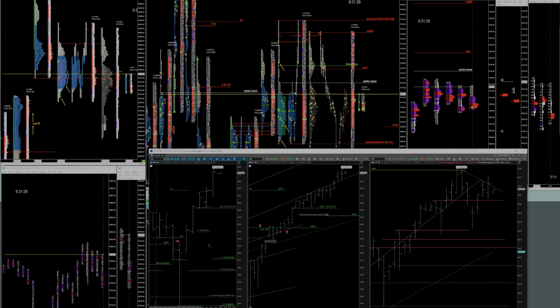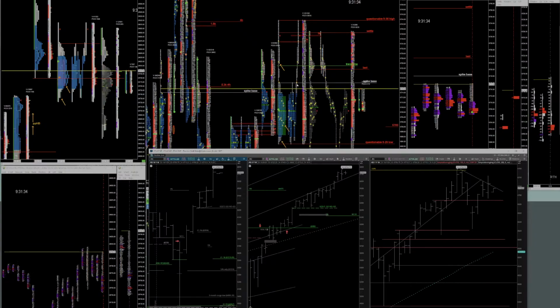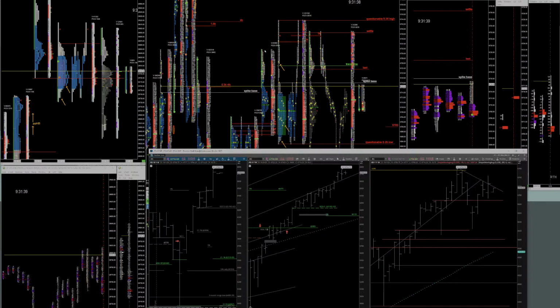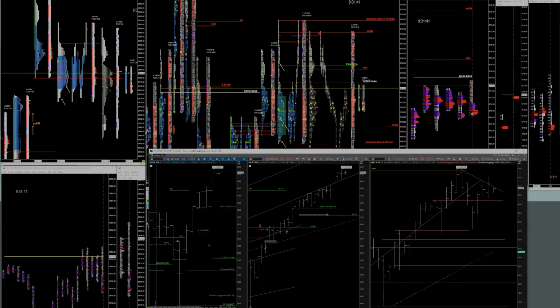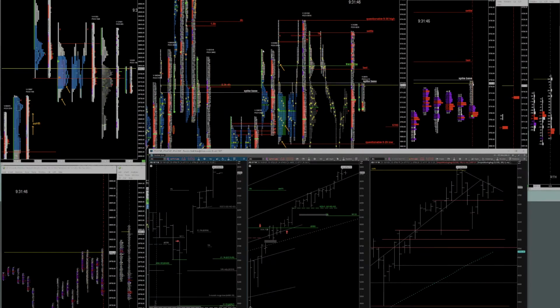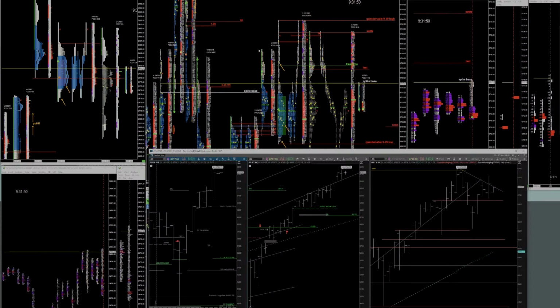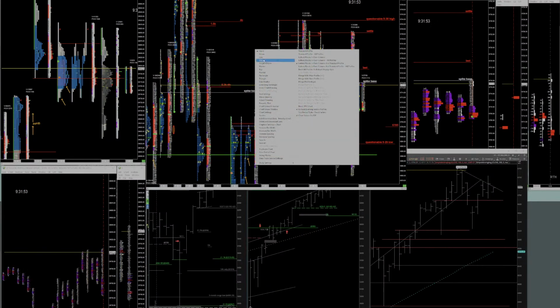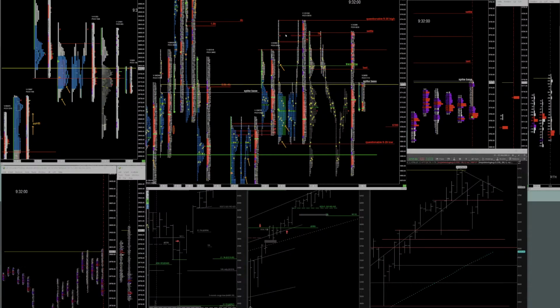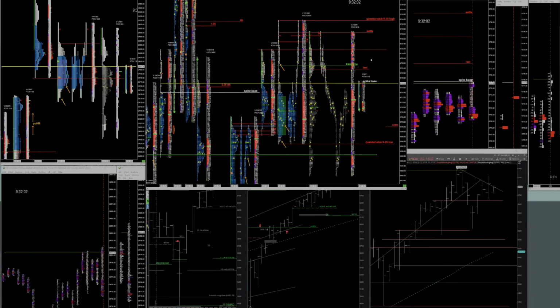Once the market took this high out and gave us a spike, the main thing that I was trying to find out is whether this market was going to close above previous day high, which is this one here. It had a chance to close above here. It didn't.